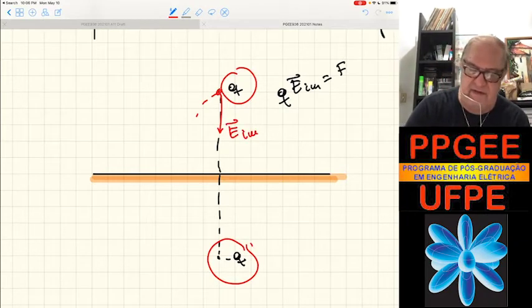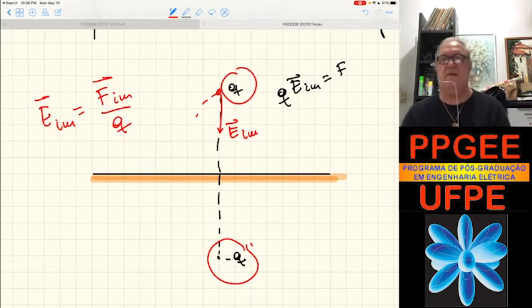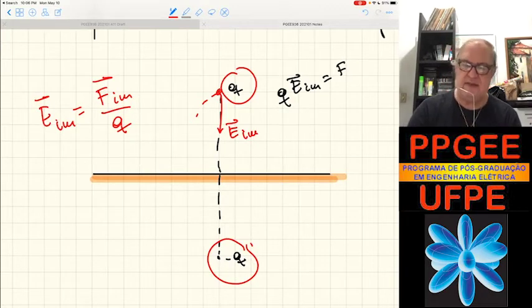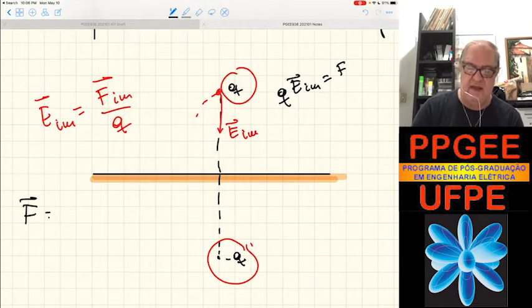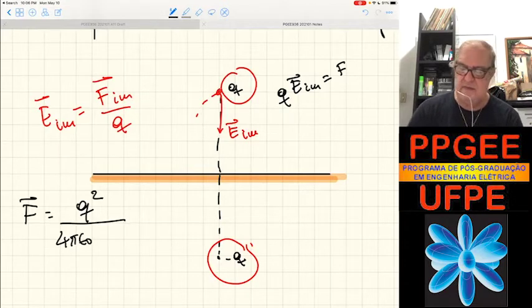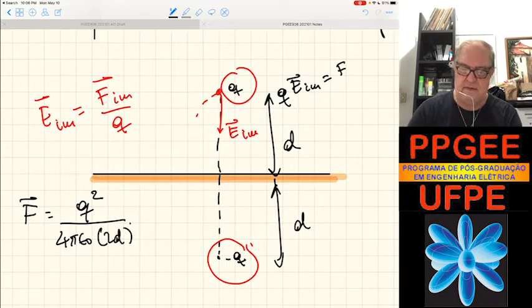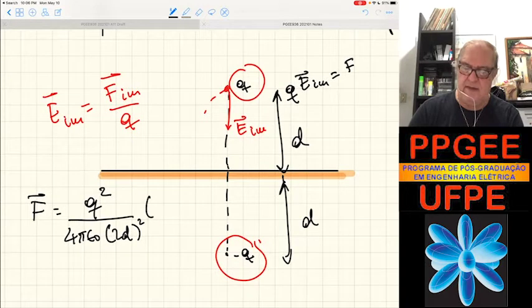And this image field equals the force of the image charge divided by Q, right? So it's the force between two point charges. In this case, the force between them is attractive, right? So the force is the product of the charges, Q squared, over 4 pi epsilon 0, the distance is 2d, squared, minus az.